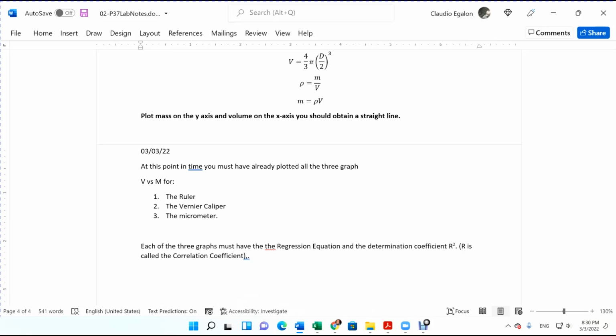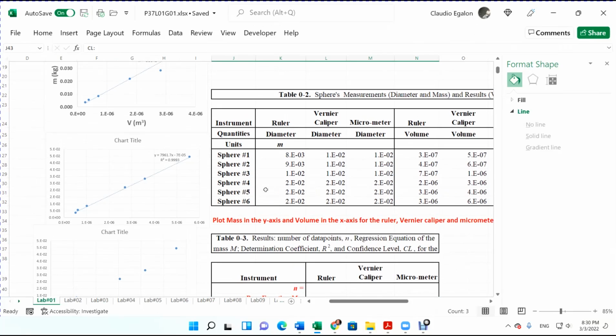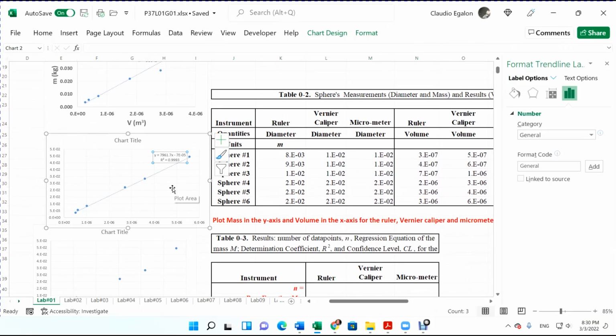Where did you want the equation in the graph? Okay, here you go. You see, it's already here. When you click the equation in the graph and the R square in the graph, it's going to put it somewhere here in the graph. You may drag it anywhere you want.